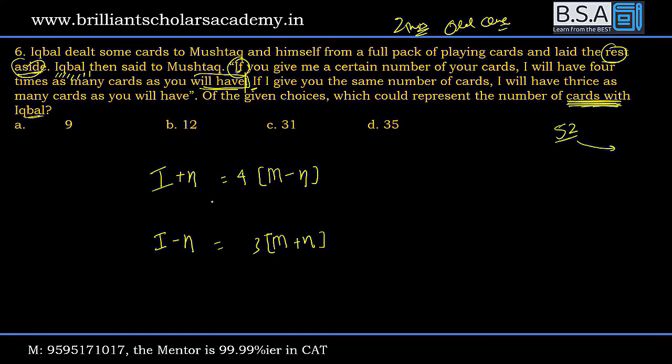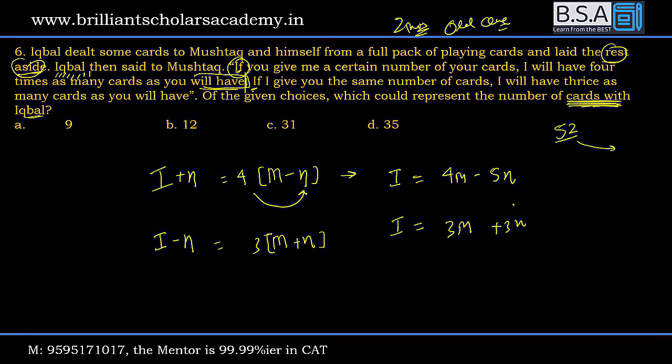See how we can do it. I am transferring this to the left side. This will become I. On the right side it doesn't matter. I am trying to cancel n. Please observe. This is 4m minus, which inside becomes 4n. One more n comes, so 5n. I is equal to 3m plus 3n.